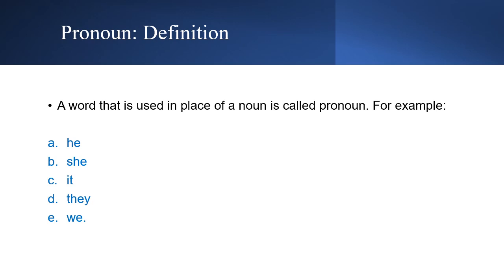He and she are used for human beings, they is used for human beings, we is used for human beings, but it is not used for human beings. It is used for non-living things, for something which is inanimate, or sometimes it is used for animals, or, as you remember, for neuter nouns, nouns that do not have any gender.